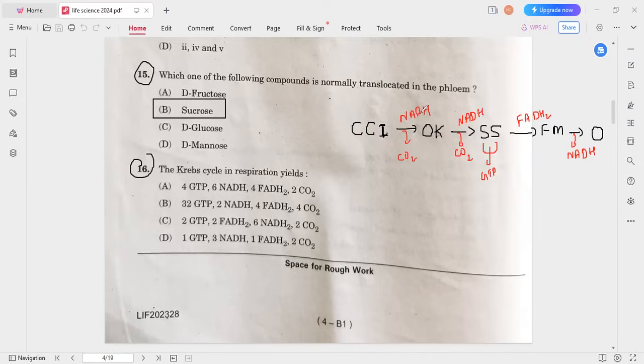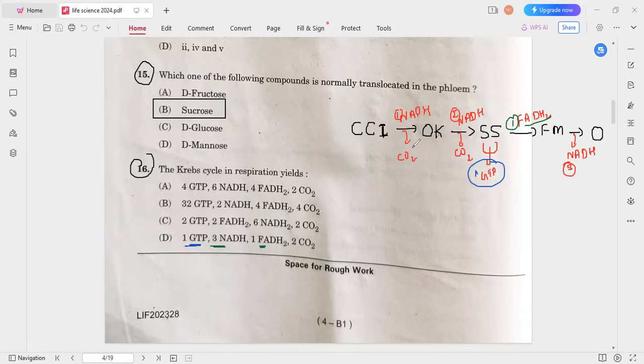So just calculate: 3 NADH and 1 FADH2, yes, correct. And the next one, 1 GTP is produced here, and 2 carbon dioxide.